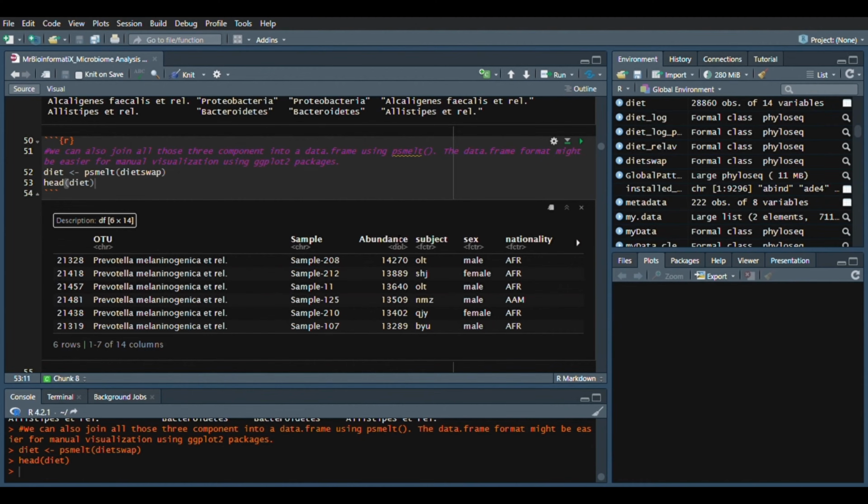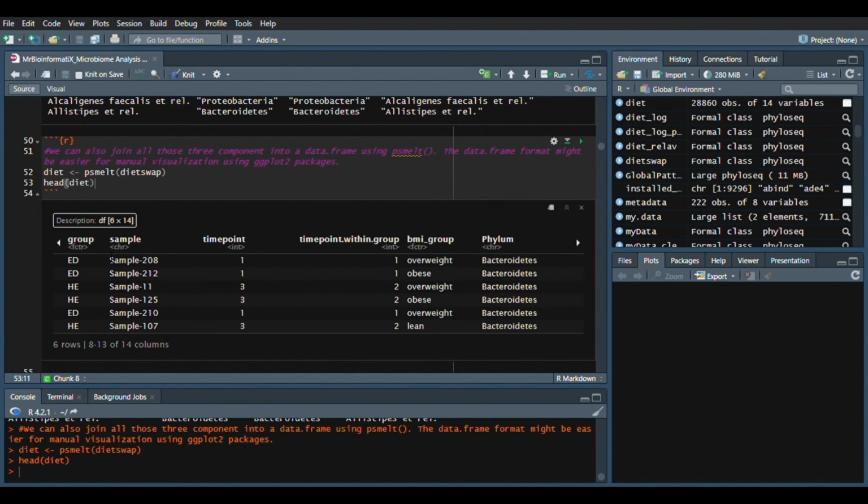And then abundance, the count of the specific OTU in each sample. For example, 14,270 in sample 208. And then subject, the unique identifier for the subjects from whom samples were collected. And then sex, the sex of each subject, male and female. Then nationality, like African American or African.